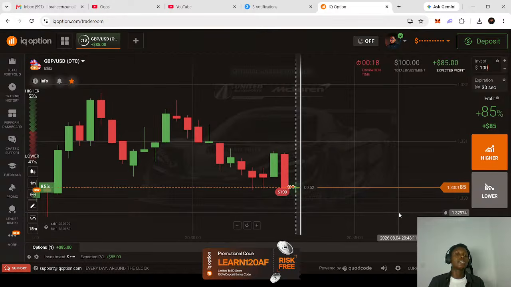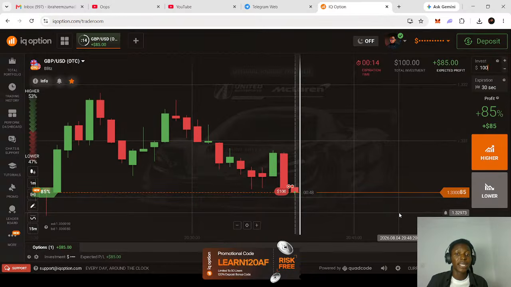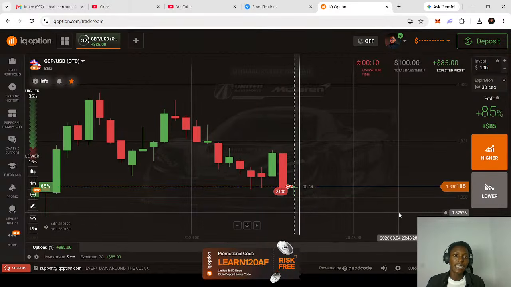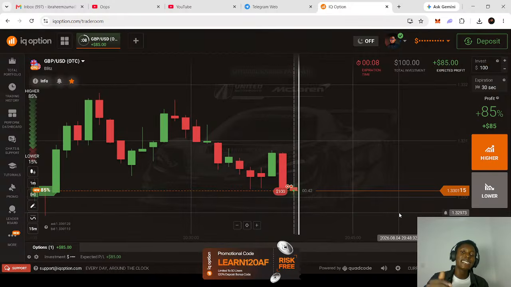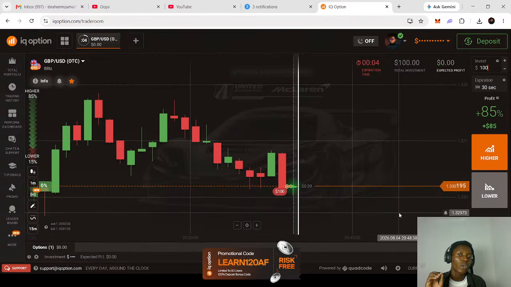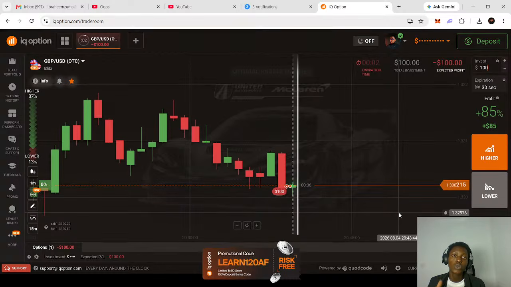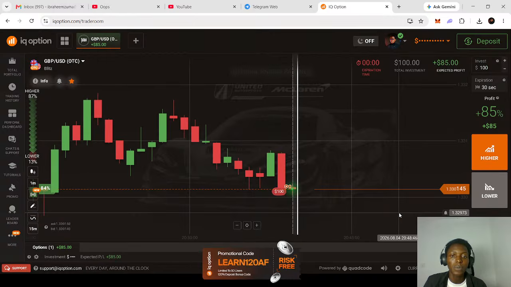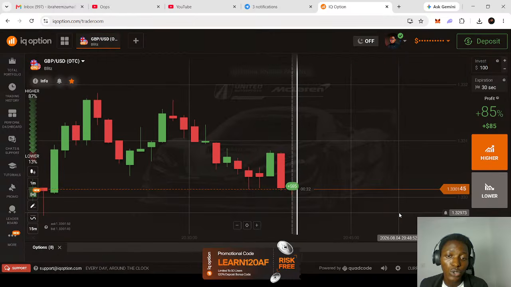So that is the difference. If you think that the market is going up, you click higher and you buy. If you think that the market is going down, you click lower and you sell. And your expiration time is the actual time the market will expire. We are using 30 seconds, as you know, so that we will not waste a lot of time in actually trading. So this trade has been a winning trade.